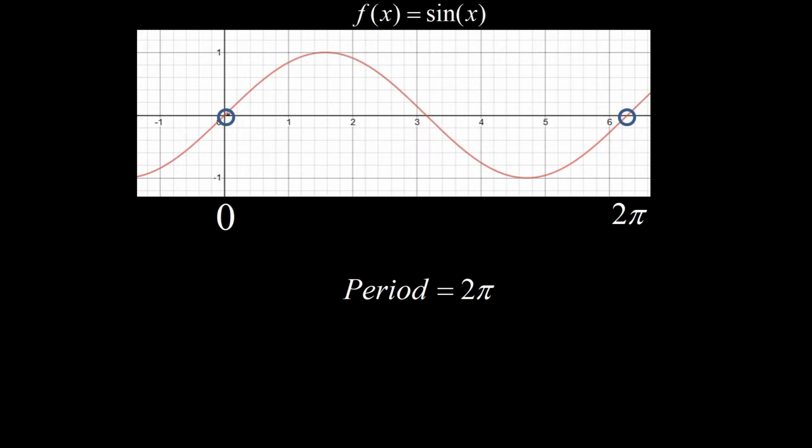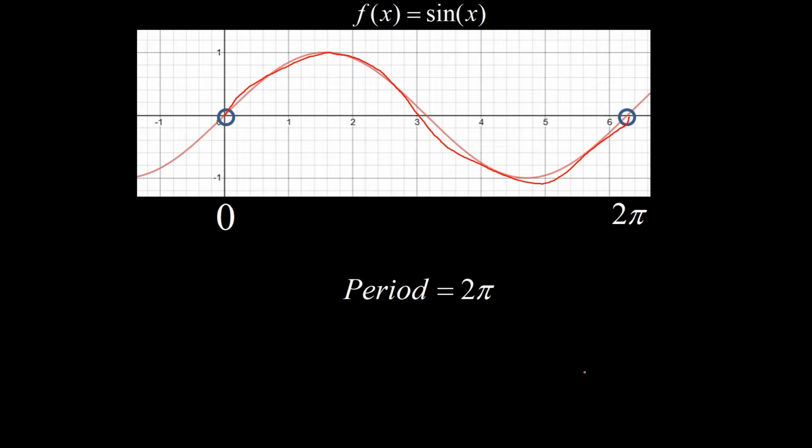So what repeats with the sine function? It's this chunk right here. This chunk is what repeats over and over. And that chunk that repeats over and over, we call the length of that chunk a period. And the period for sine and cosine are 2 pi.